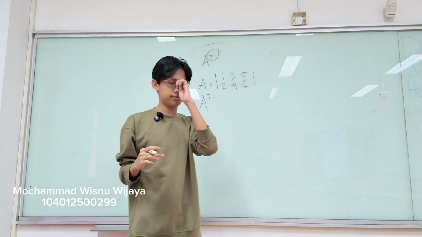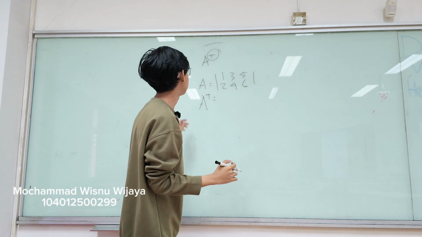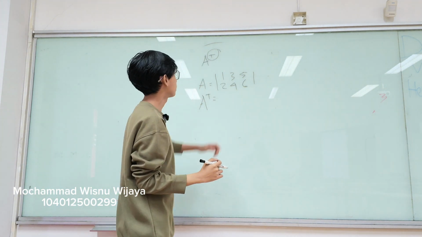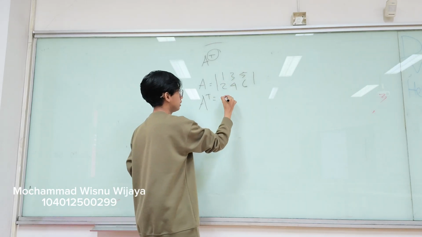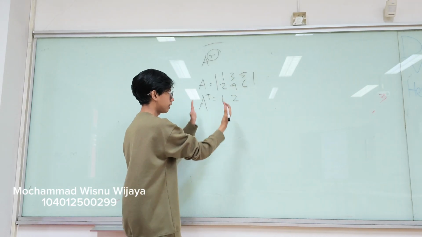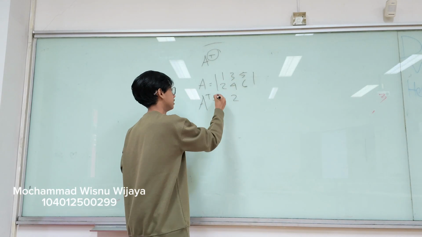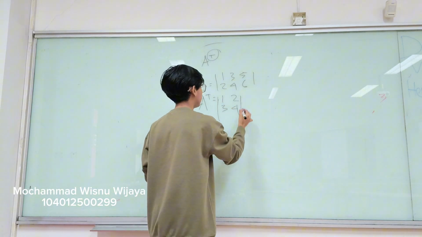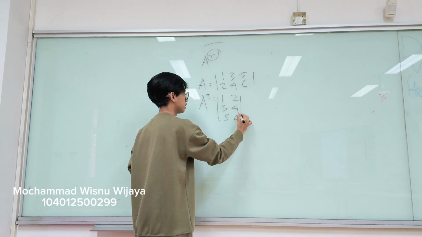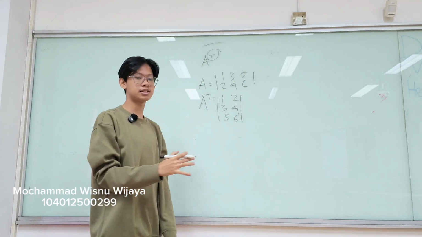Okay, next is matrix transpose. Transpose is 1, 2 to move in 1, 2 vertical to horizontal. And next is 3, 4, and 5, 6. That is transpose.